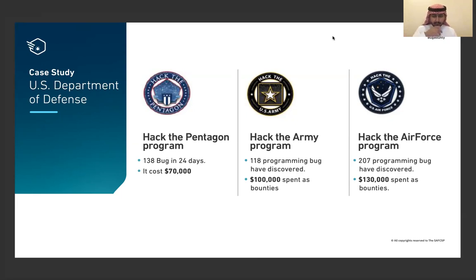After that, they started their next program, Hack the Air Force. And this is proof that even very sensitive sectors are really eager to secure their own platforms and websites, and they found that bug bounty is a very amazing way to do that in a very good time and at a very efficient cost.